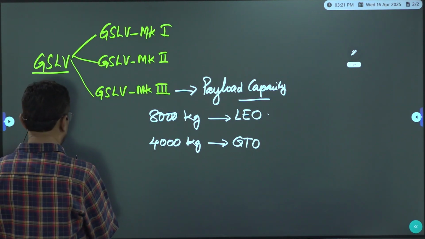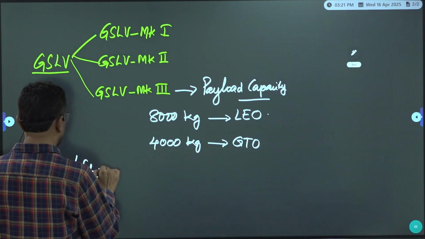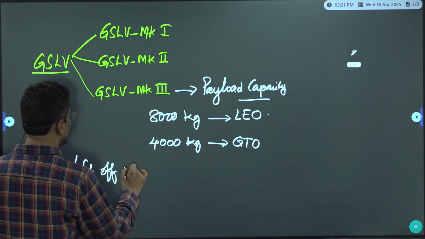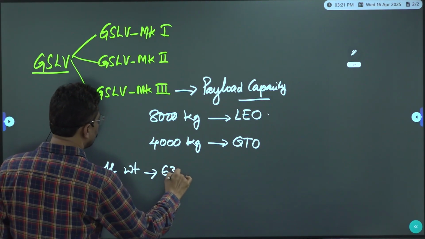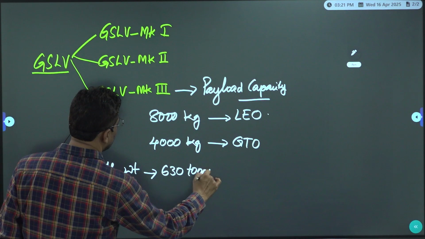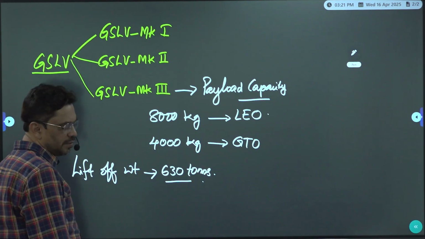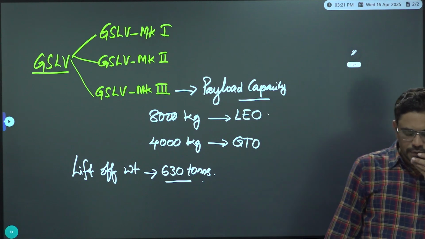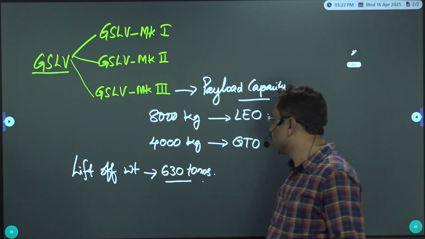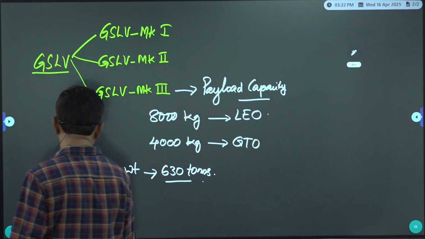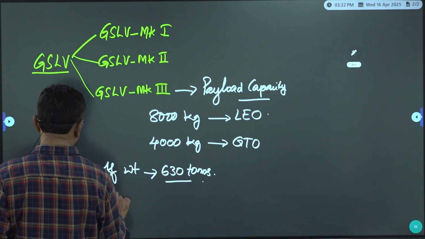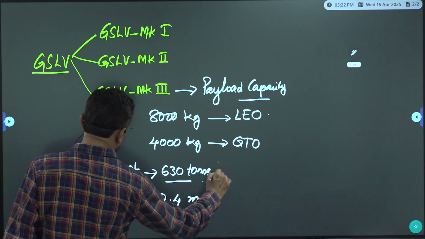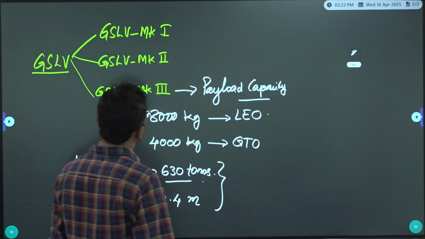Its lift-off weight is nearly 630 tons, and its height is 42.4 meters. These are the specifications of GSLV Mk3.